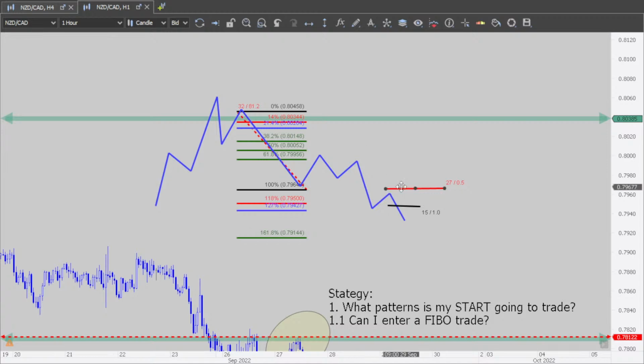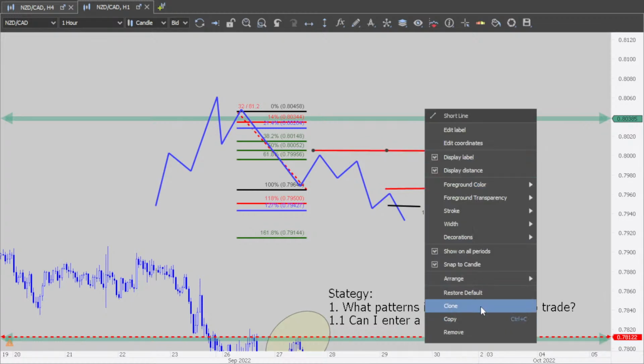Why not, boss? Because the Fibonacci rules are stating stop loss above the C or stop loss above the A.